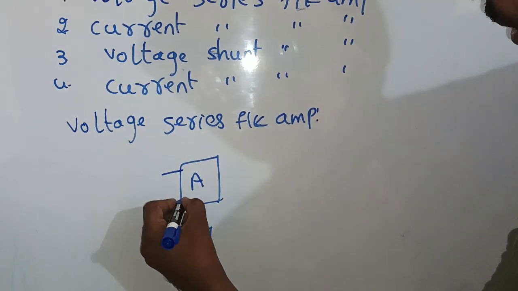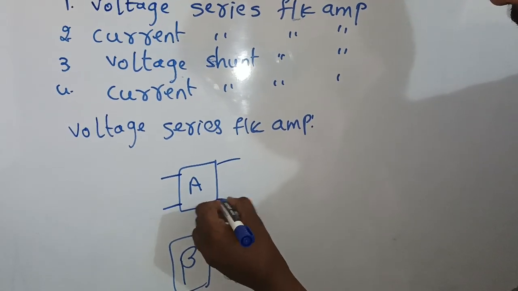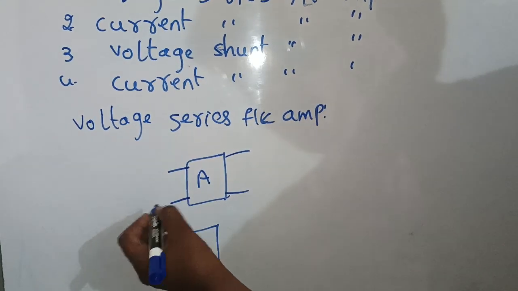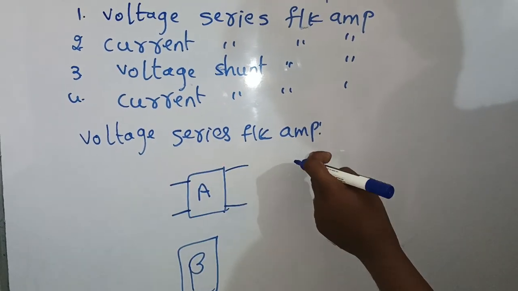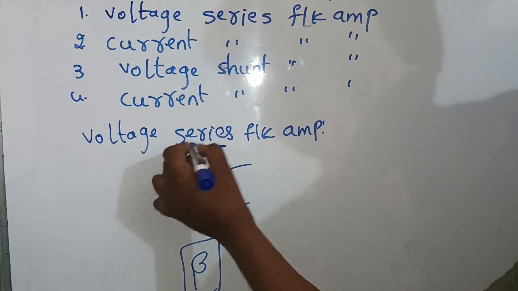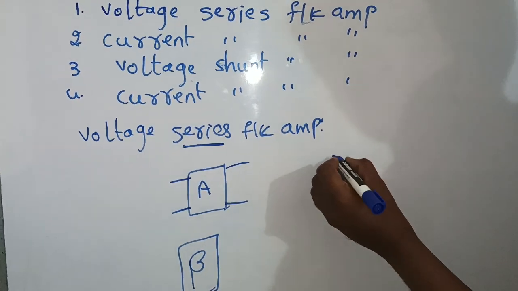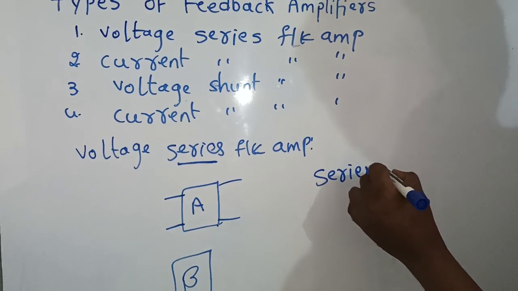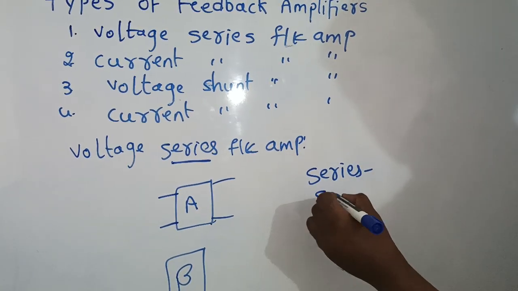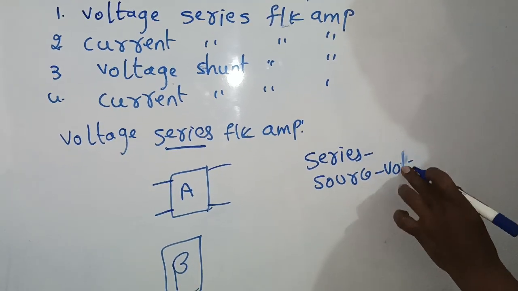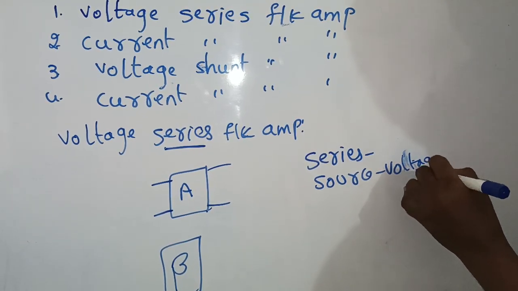Here we have to connect both input side and output side sources. For example, this is the voltage series feedback amplifier. Remember that if it is a series feedback amplifier, compulsorily the source is voltage. Very important.